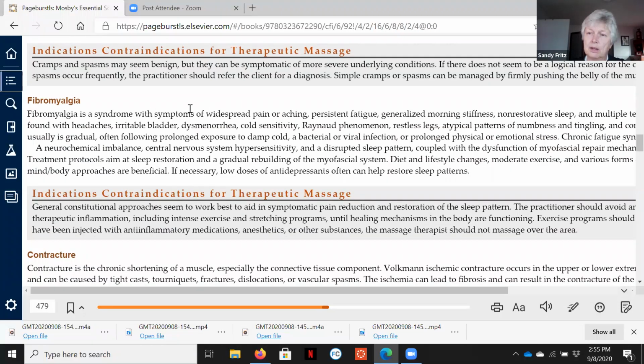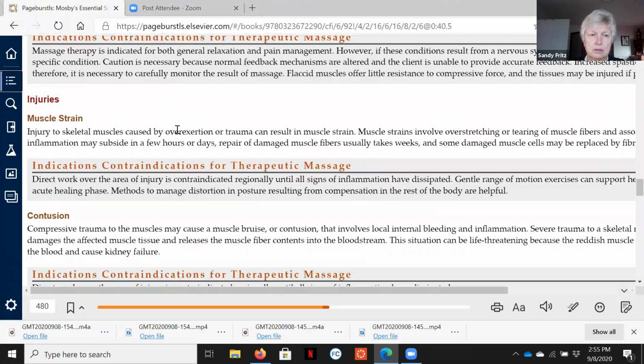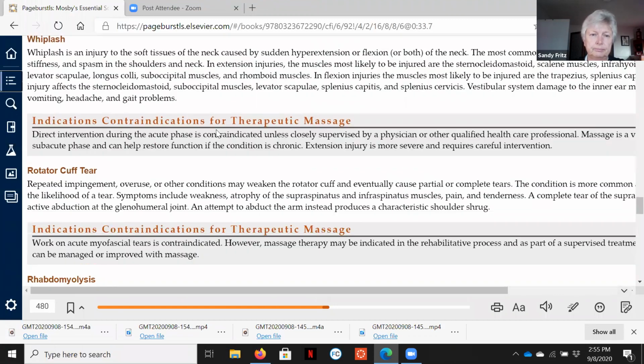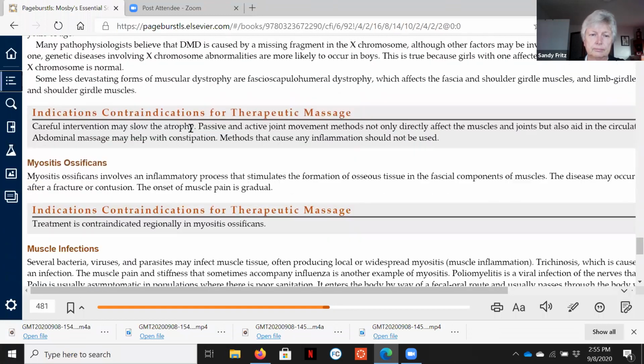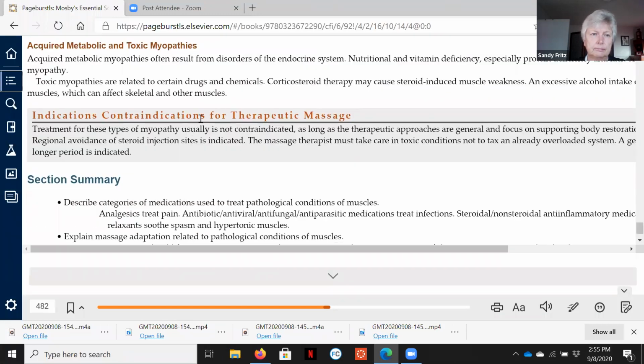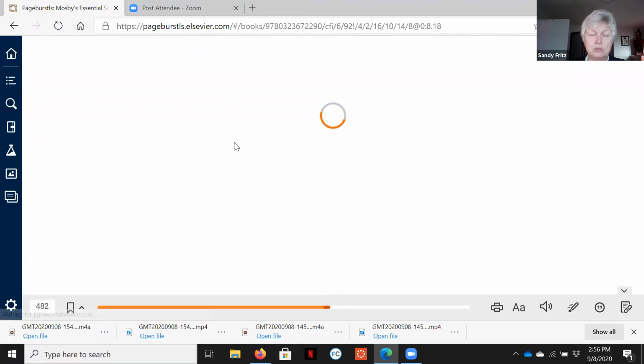So this follows along with all the rest we've done: the name of the condition, a description, and then indications and contraindications. And you know what to do. Here are your summaries.